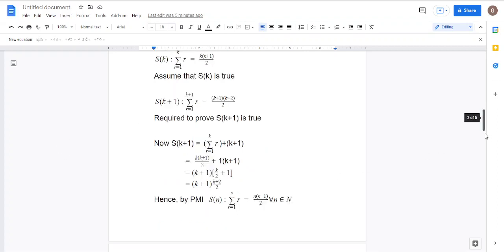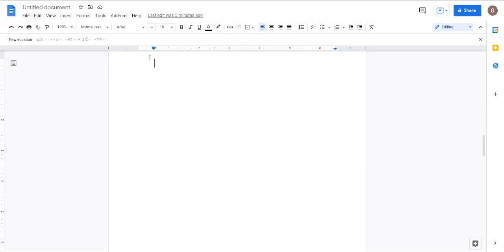If k was 1, k plus 1 would be 2. If we move to 2, so k is 2, then k plus 1 will be 3. We can't sit down and take them in pairs like that, saying let k be 2 and let k plus 1 be 3, let's prove for that, because we'll be there forever.